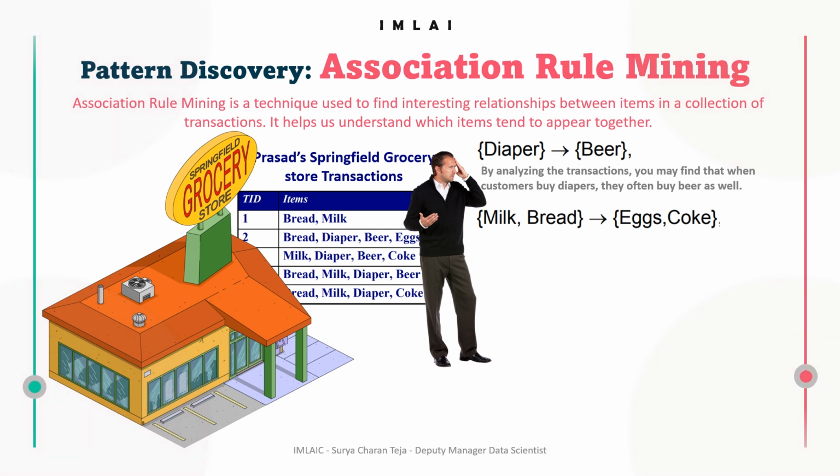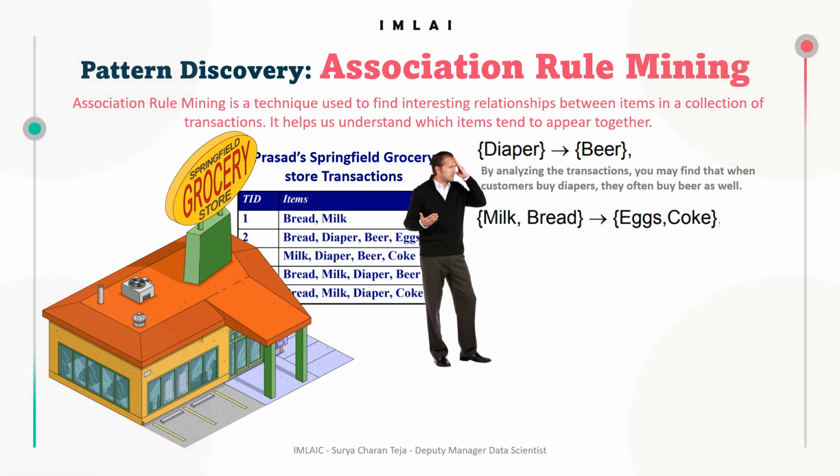Similarly, he also discovered other patterns, such as when customers buy milk and bread together, they are likely to also buy eggs and coke.